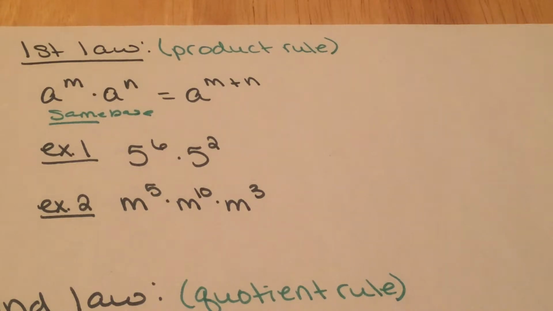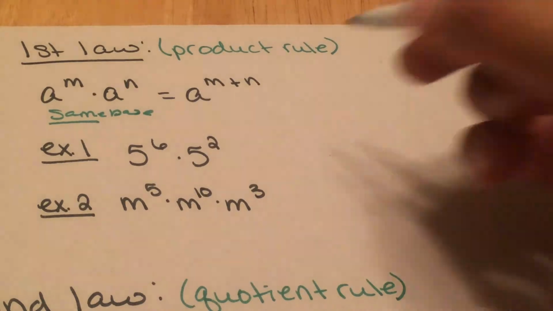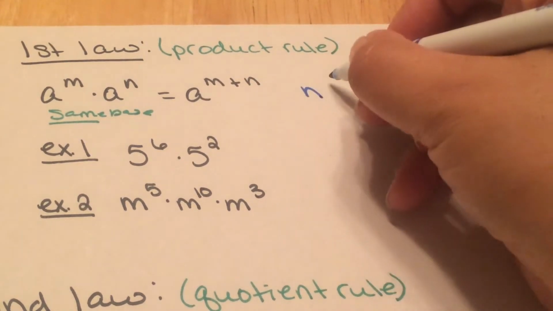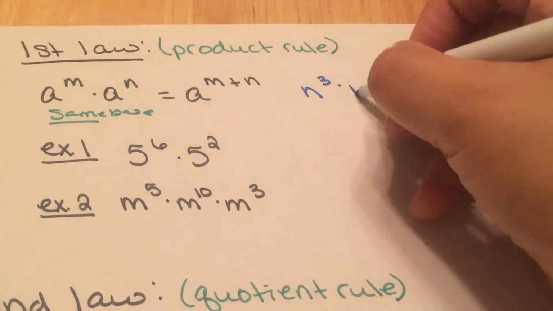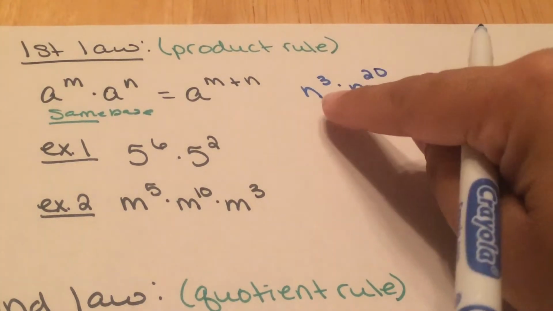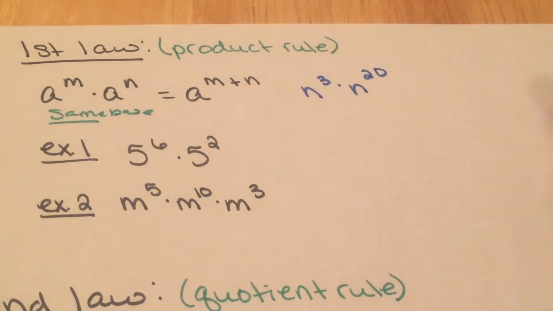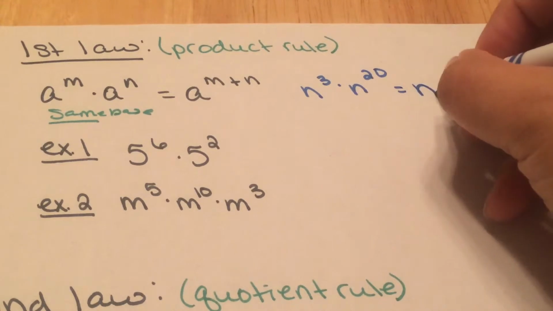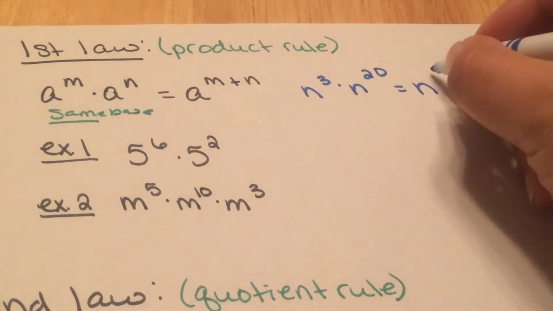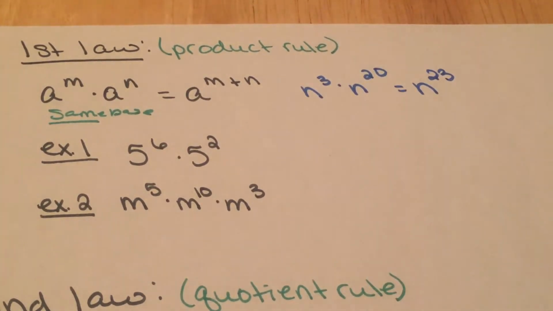For example, if we have something like n to the third power times n to the 20th power, they have the same base of n, so this answer is going to be n to the 23rd power. All we're going to do is add those two exponents together.